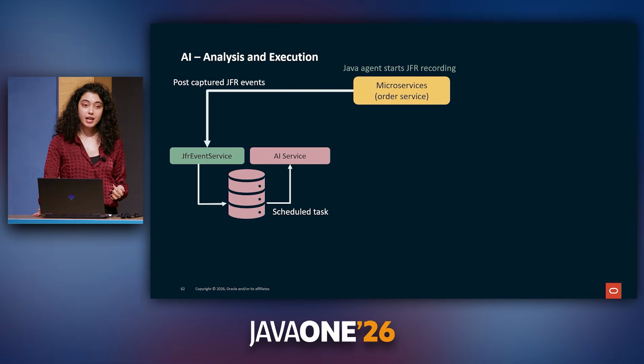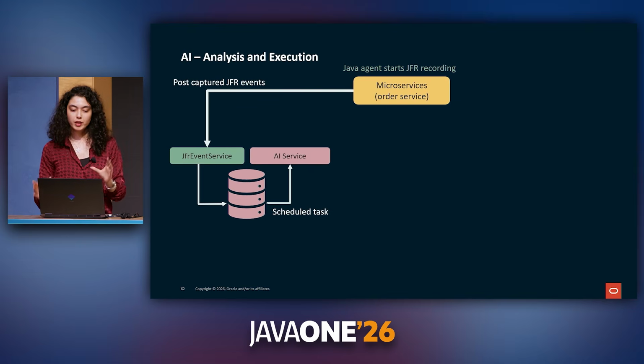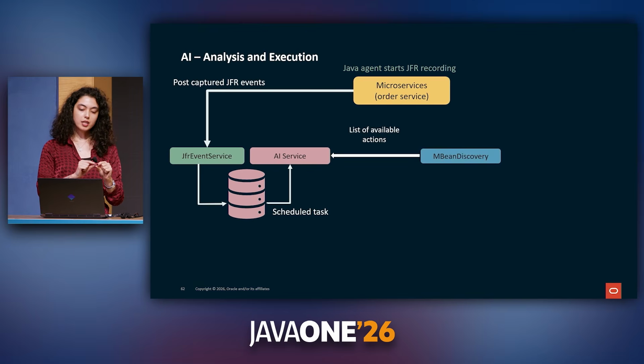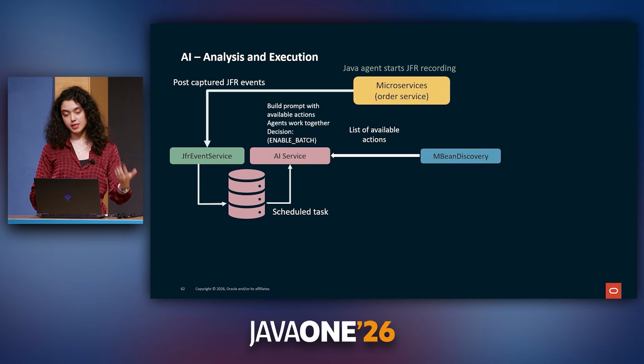So now actually we have everything. We remember this diagram. Let's complete this diagram. So our AI service receives the available actions from the MBean discovery, and then it builds the prompt for the self-healer agents. And here the agents work together and they come up with a decision. Let's say they come up with a decision: enable batch.